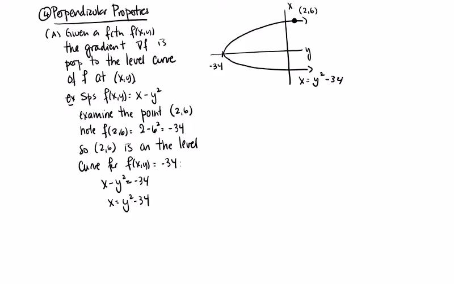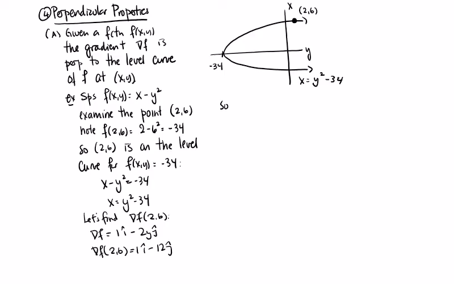Now, what this property says is the following. Let's find the gradient of f at 2, 6. The gradient of f in general is the derivative with respect to x, which is 1i, minus 2yj, at the point of interest. We got 1i minus 12j.